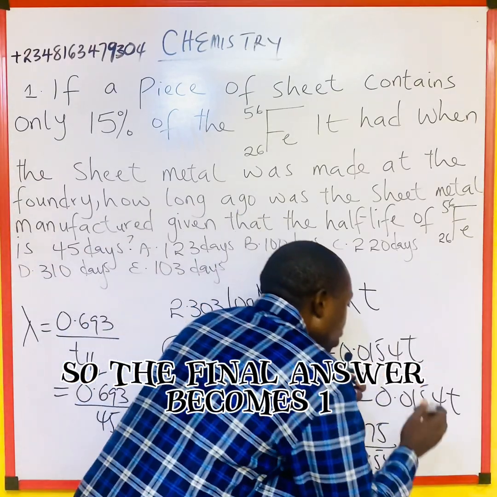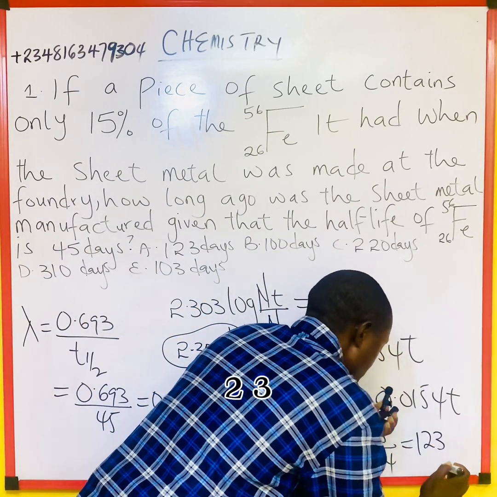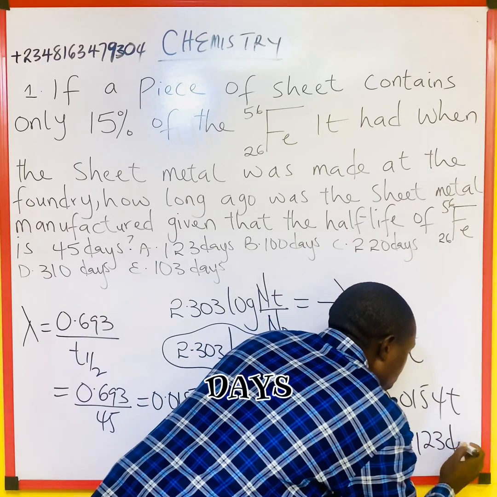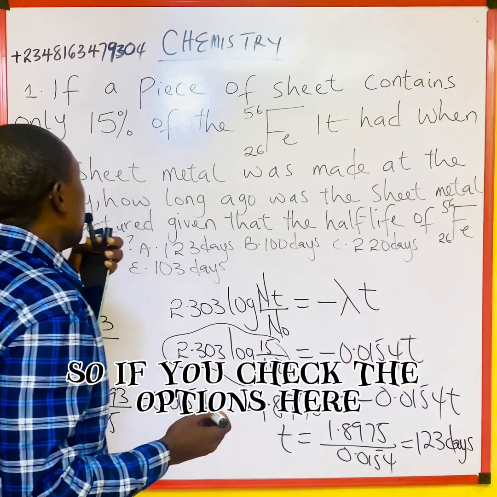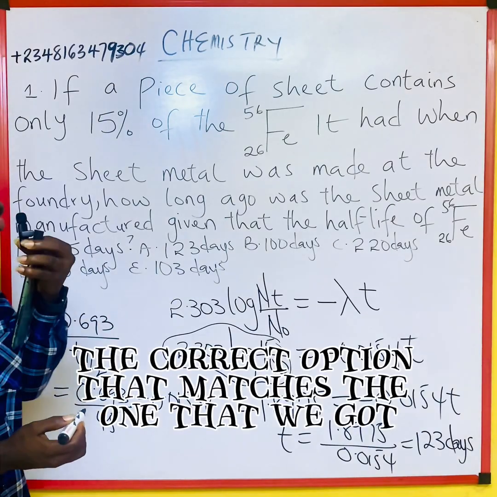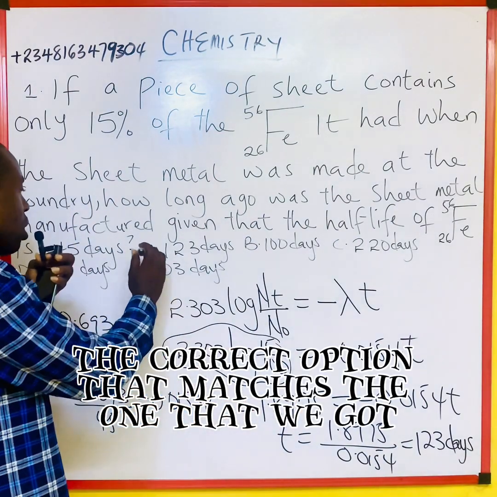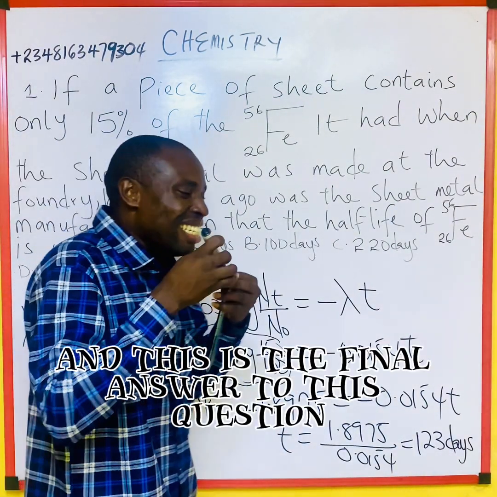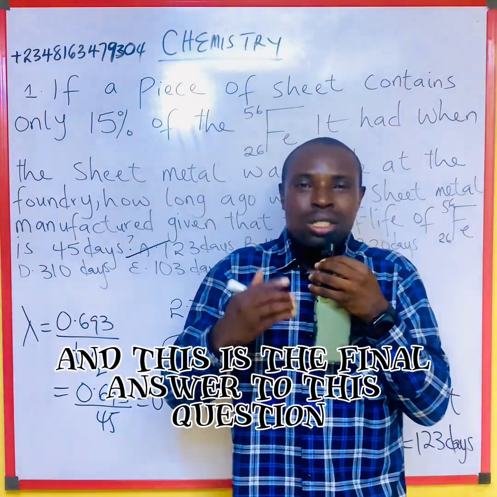So the final answer becomes 123 days. So if you check the options here, the correct option that matches the one that we got is option A. And this is the final answer to this question.